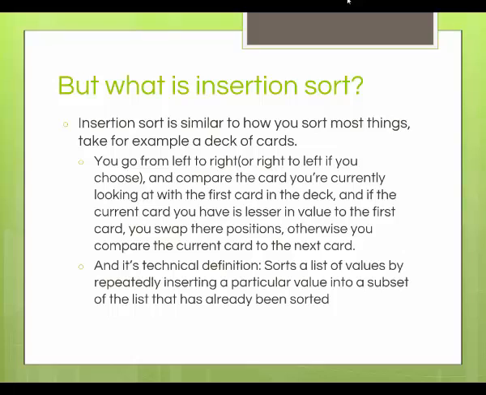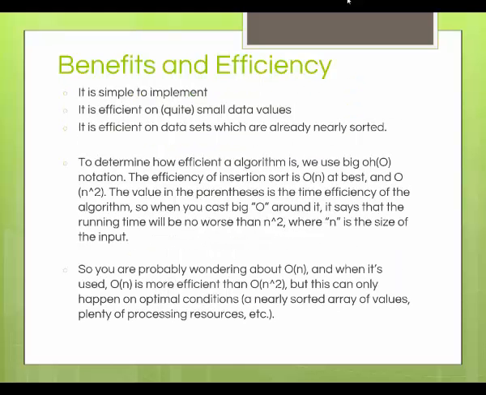And you compare it to the value to the right. And if that value is greater than the current value, you swap it behind you. Kind of like what you do with a deck of cards. And some of the benefits to using insertion sort is that it's really simple to implement.